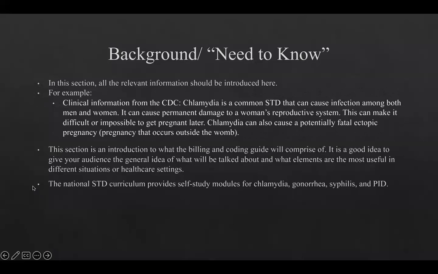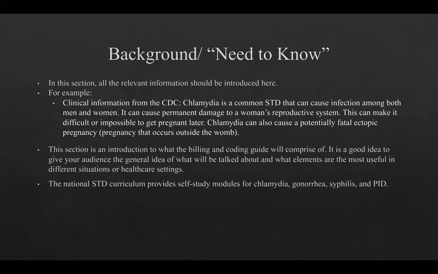The first section should be an intro, a background, something that needs to be known. For example, for my first one I'm doing STI, so I give a background on all the different infections. For example, chlamydia is a common STD that can cause infections among both men and women. It can cause permanent damage to a woman's reproductive system.